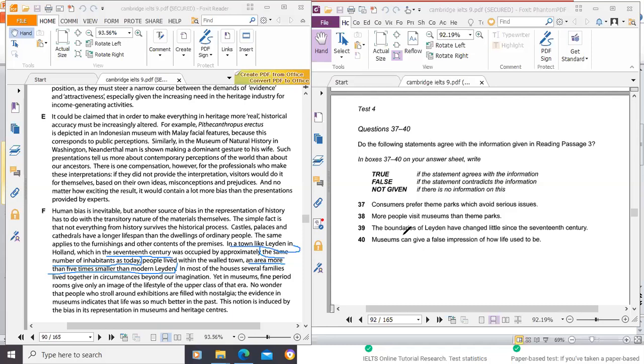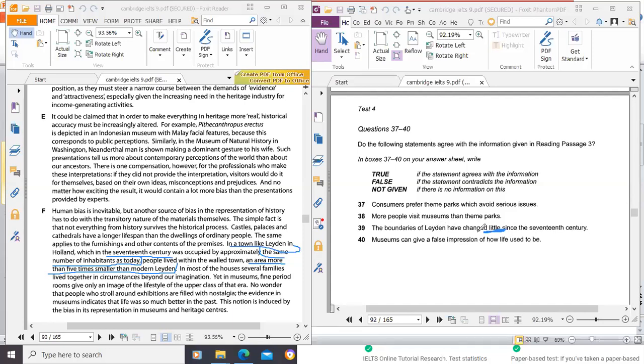Now this statement says the boundaries of Leiden have changed little since the 17th century. It has changed so much, right? It's not little. Five times, 500%.